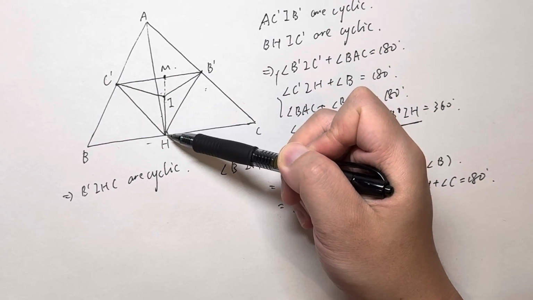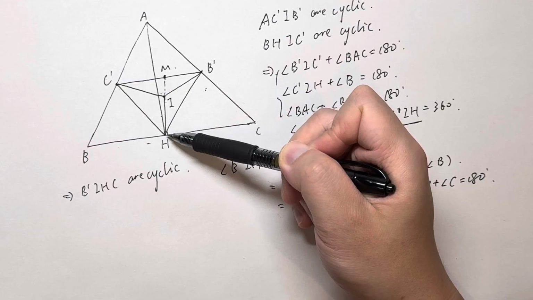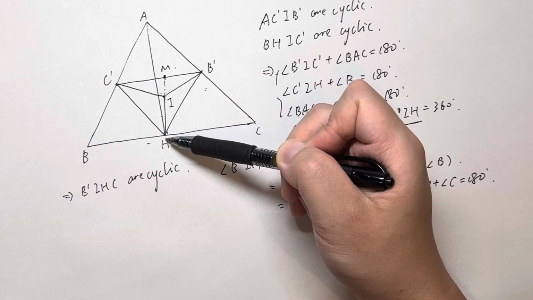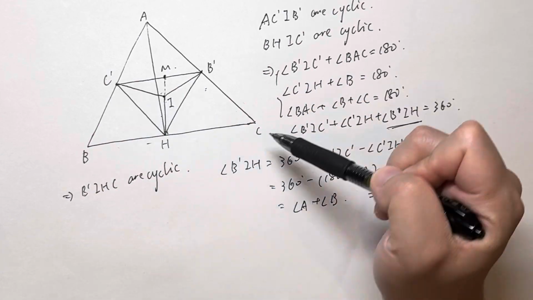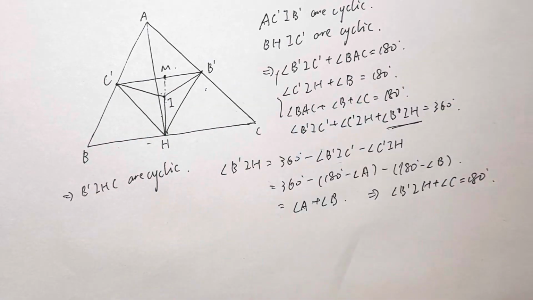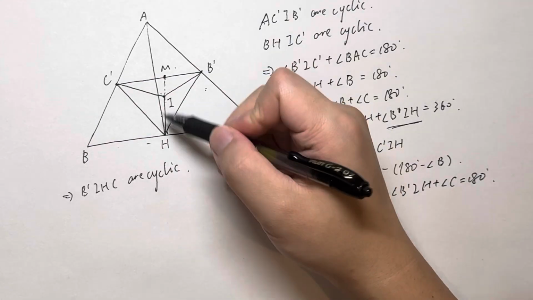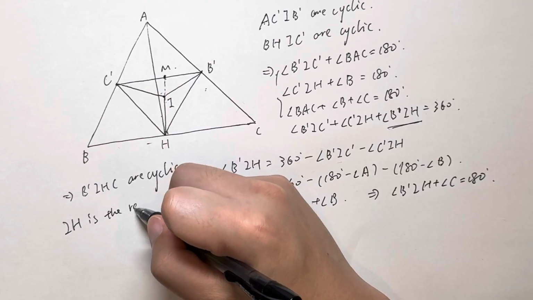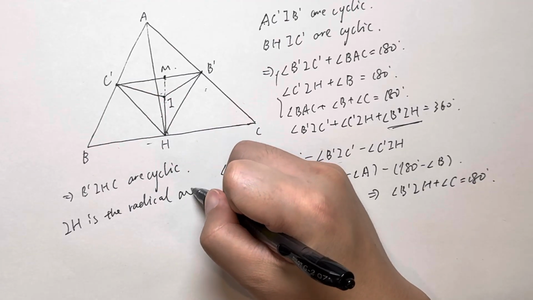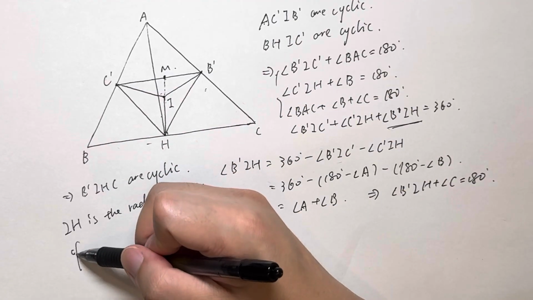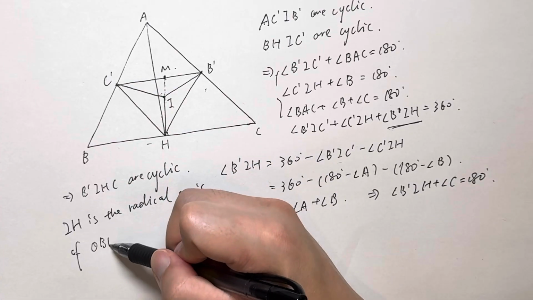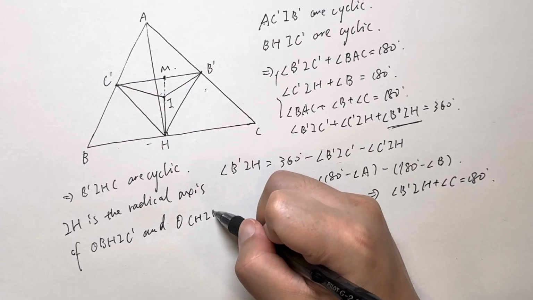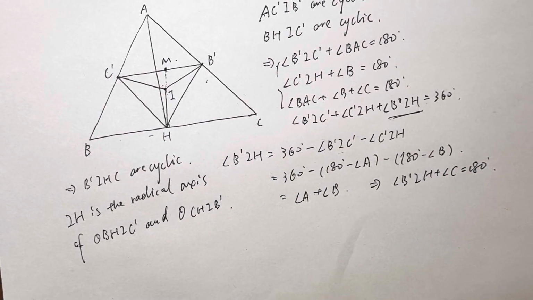I and H are the common points, so IH is a common chord of the circle BHIC' and circle CHIB', which means IH is the radical axis of circle BHIC' and circle CHIB'.